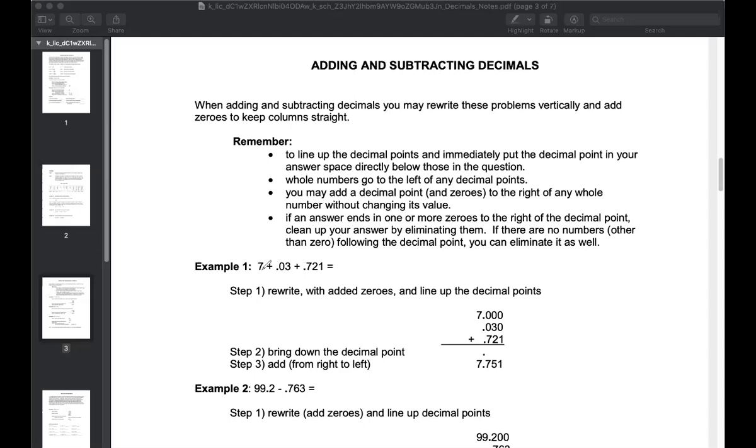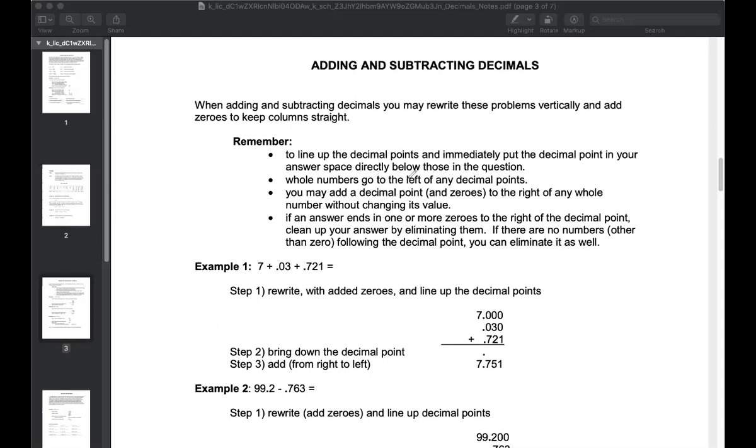If there is no decimal in the number, that means the decimal goes at the end of the number. In the case of the 7, you line it up and you just add. It's very straightforward, but you have to line it up correctly. So always make sure you line up your decimal points and put them where they need to go.